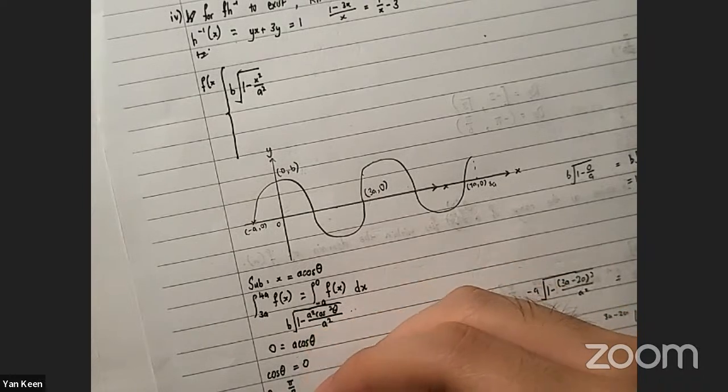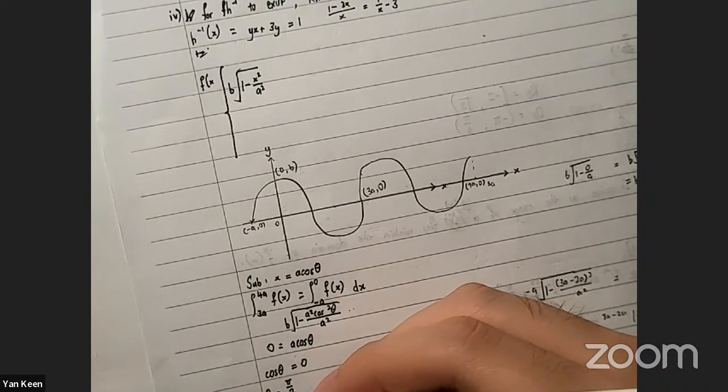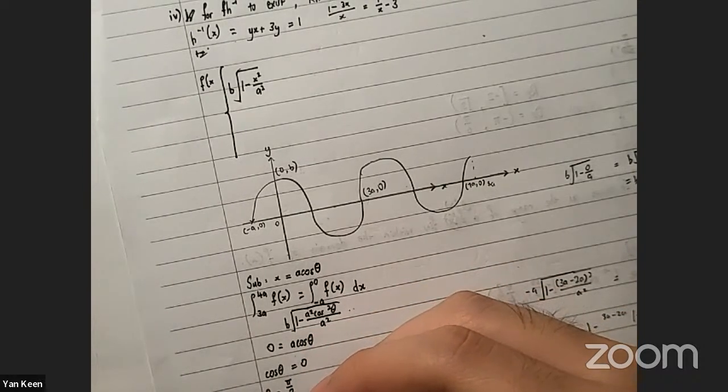Okay, so going from negative a to 0 means going from pi to pi over 2. Okay, that's not left to right.